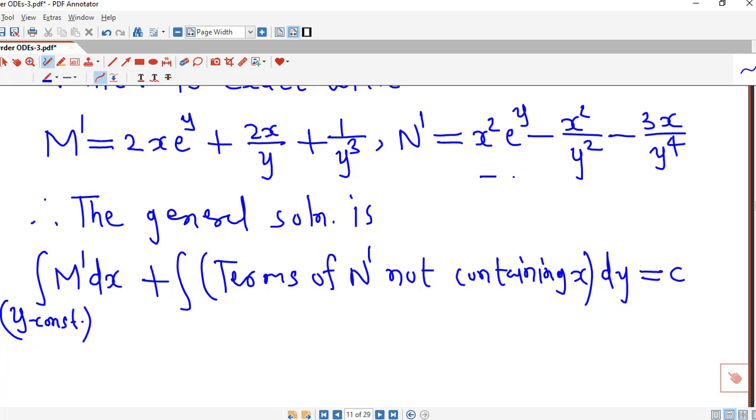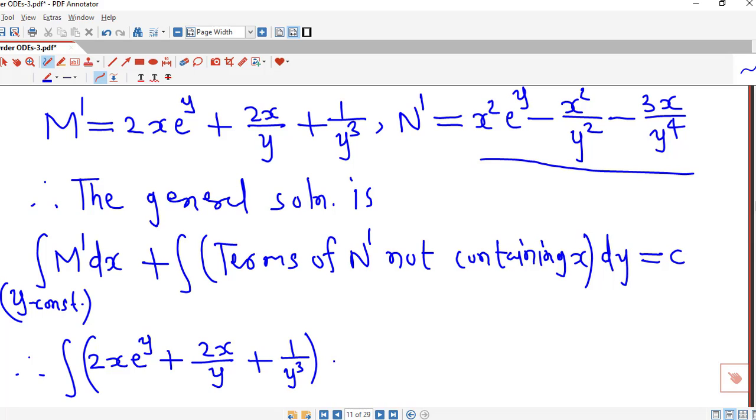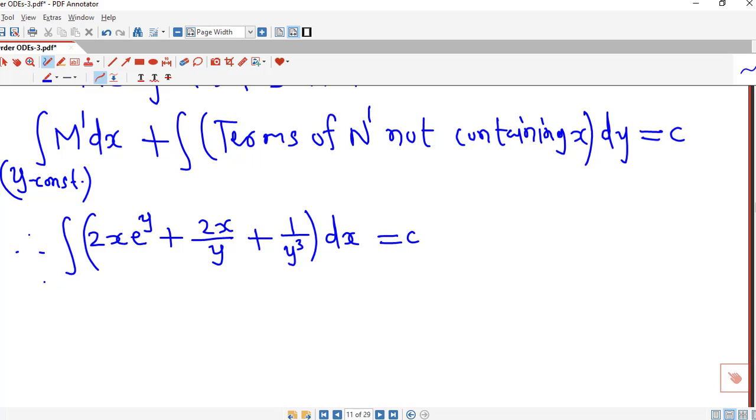Now in N dash there is no term which does not contain x, so there will be 0 here, and we integrate M dash with respect to x. So in the next step we write down M dash: 2x e raised to y plus 2x over y plus 1 over y cube, integral with respect to x equal to c. Here the integral is with respect to x, so we keep in mind that y is considered as constant.